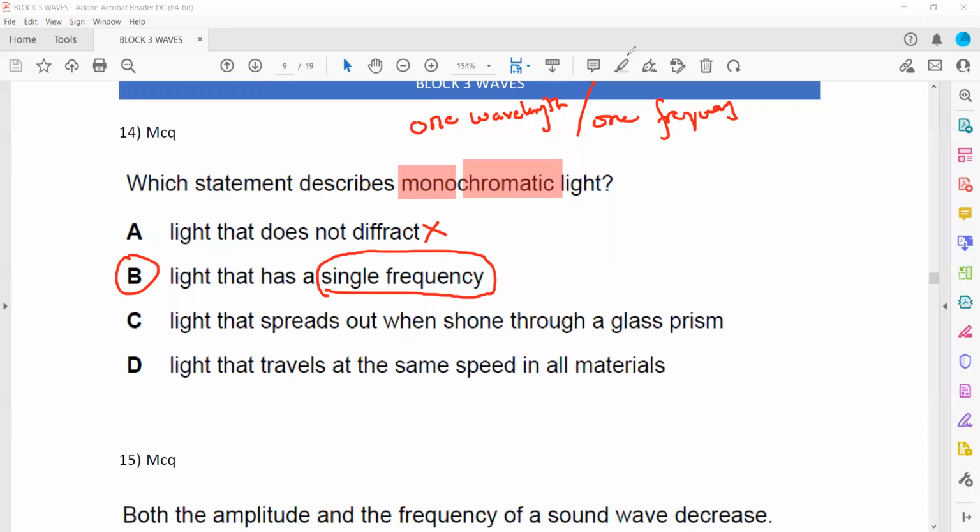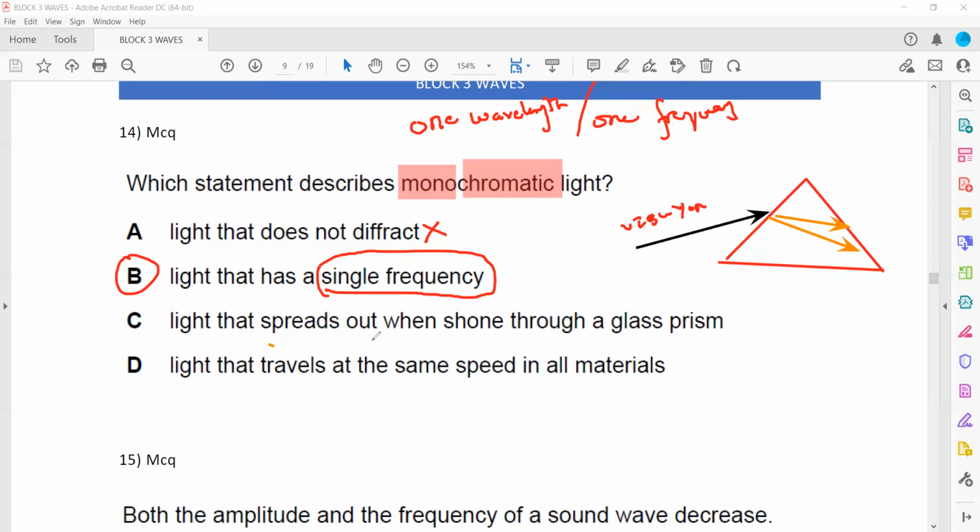A white light can spread out, like if you have a prism and a white light, which is a combination of 7 colors including violet, indigo, blue, green, yellow, orange and red. When white light is shone onto a glass prism, violet bends the most and red bends the least. So white light can spread out, monochromatic light cannot spread out.